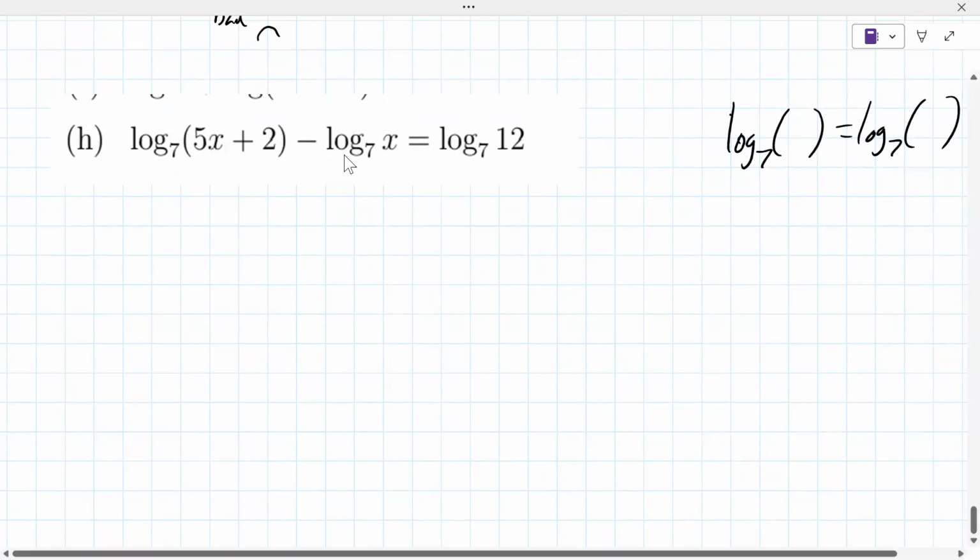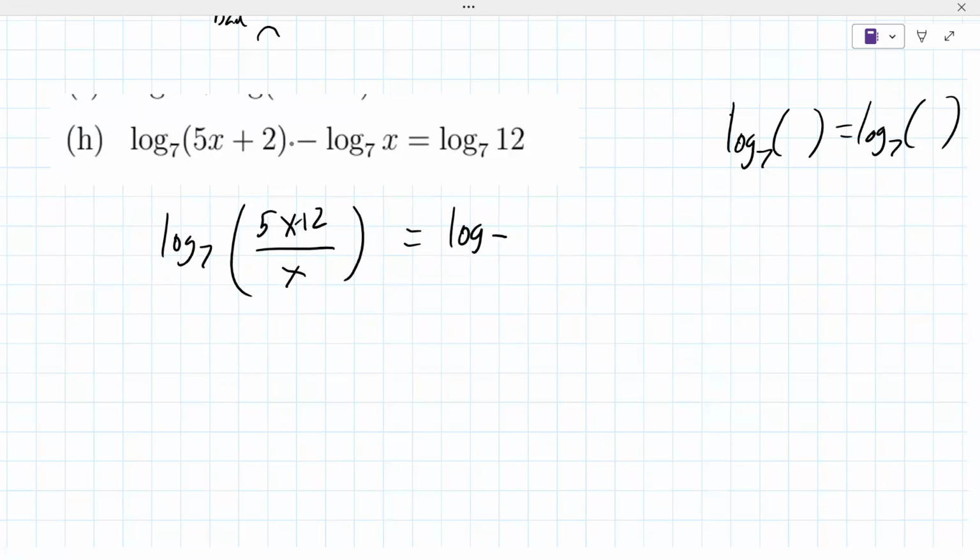So how do you combine the two logs on the left? It'd just be log base 7 of (5x plus 2) over x. Very good. And that equals log base 7 of 12. You set the parts inside parentheses equal to each other, and you solve from there.